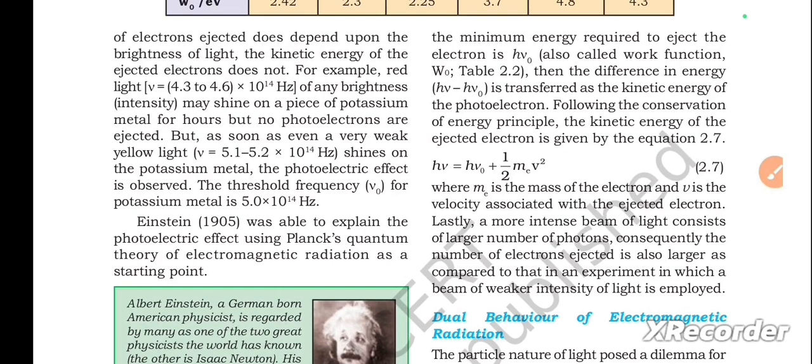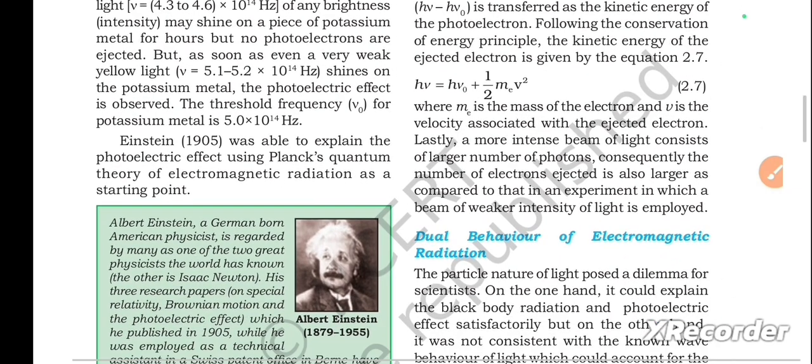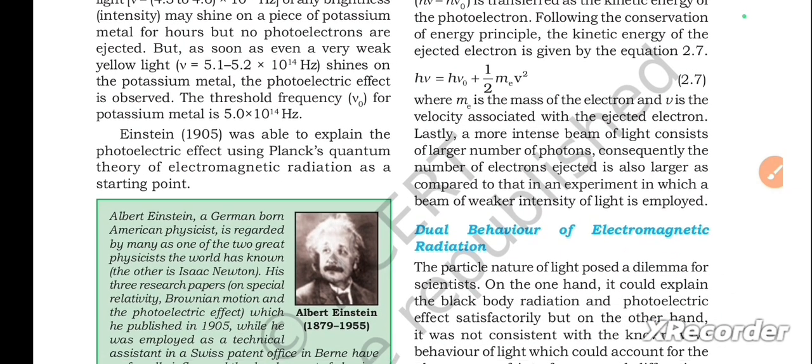Following the conservation of energy principle, the kinetic energy of the ejected electron is given by the equation hν = hν0 + ½ m_e v², where m_e is the mass of the electron and v is the velocity associated with the ejected electron.